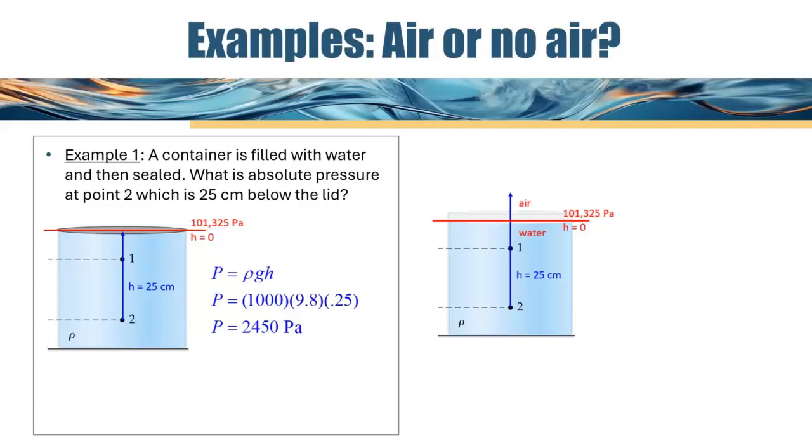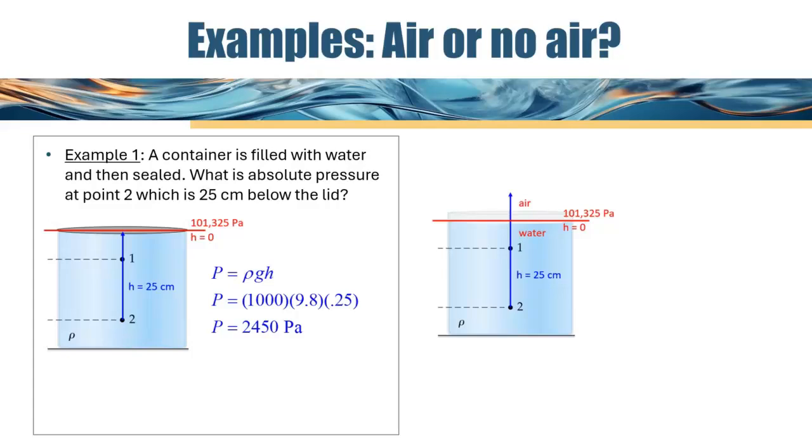So the absolute pressure is actually going to be equal to the gauge pressure in this case, because there's nothing else above point 2 except for the water. There is no air in the container, and there's a lid on the container, so the air pressure above the lid isn't affecting point 2.